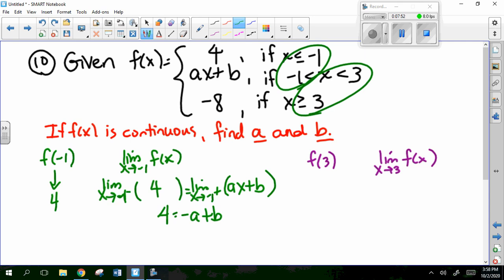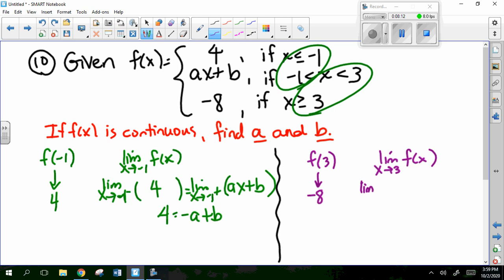So then I move on and look at my other interesting point at 3. So f of 3, well, I'm allowed to equal 3 in the bottom line, so that's just -8, all right? But the limit is the more important one because that's where the piecewise changes again.